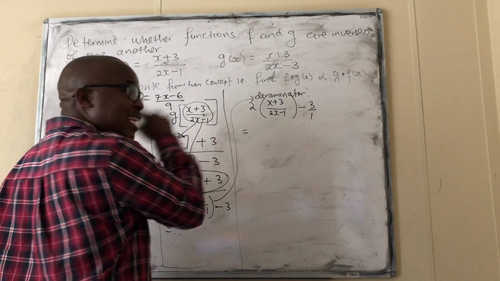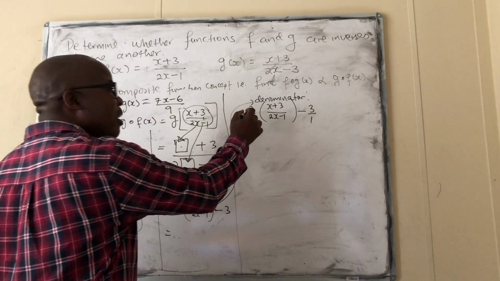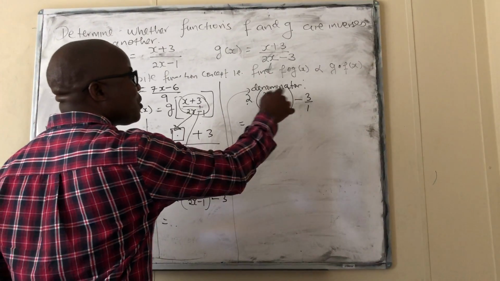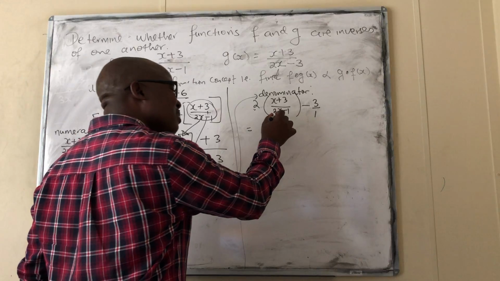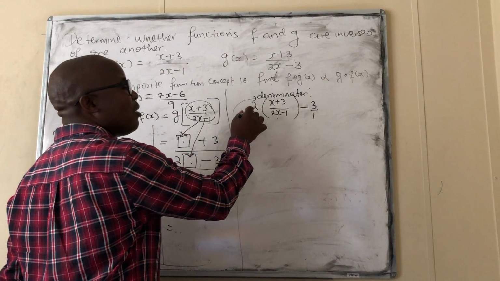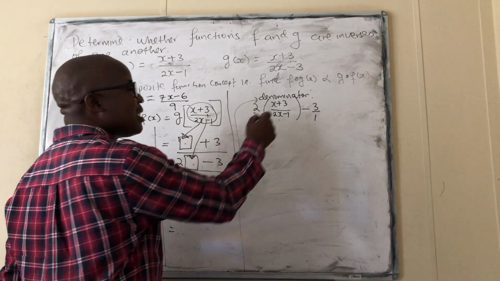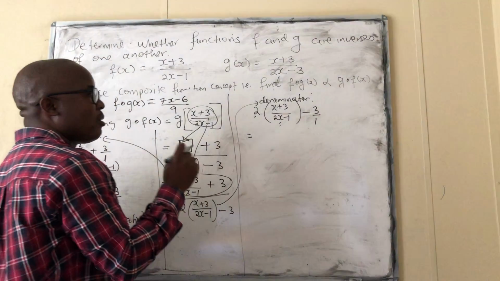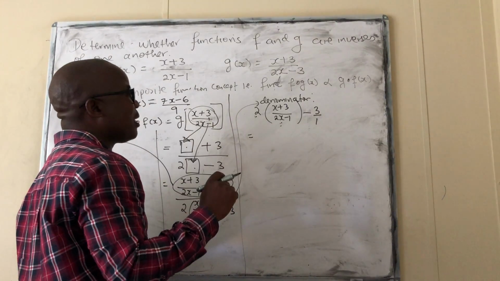Like we explained earlier in the second video, when we have a numeral or a scalar quantity outside brackets multiplying a fraction, that whole number will only multiply the numerator.